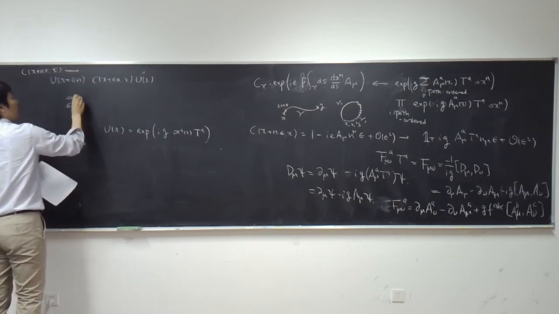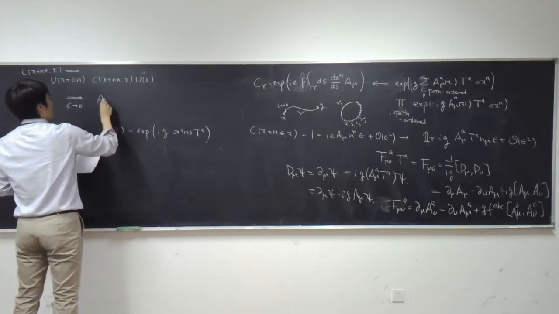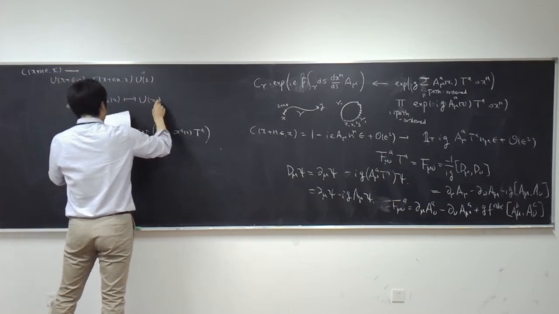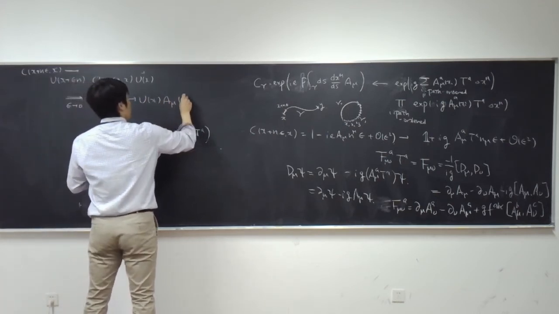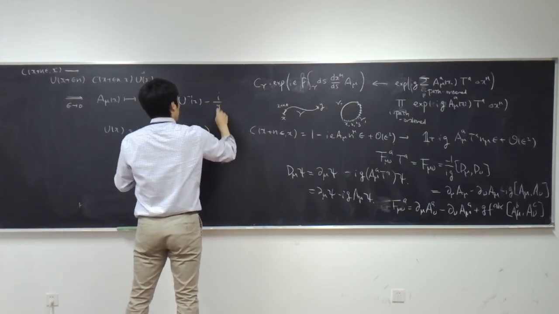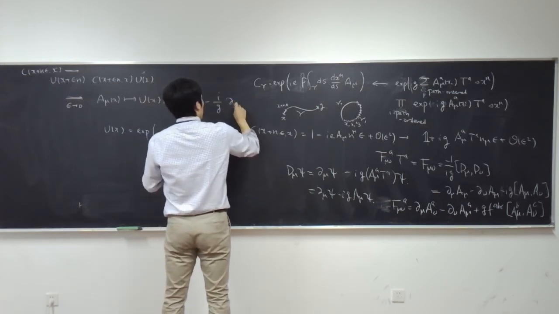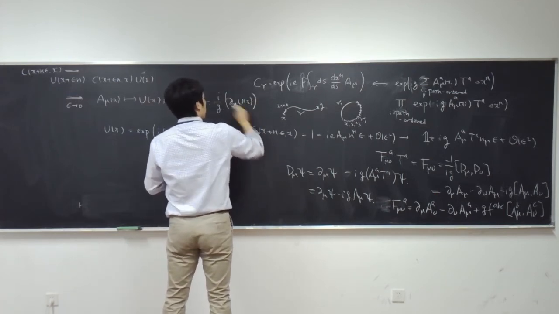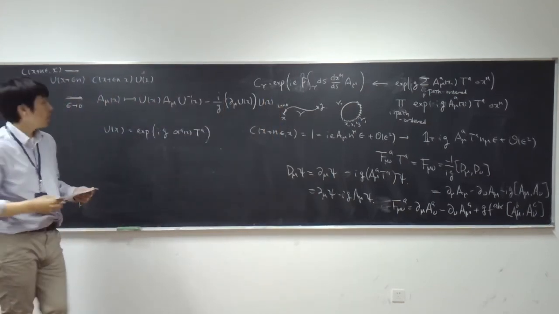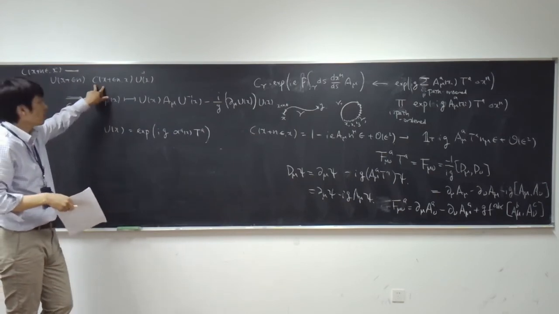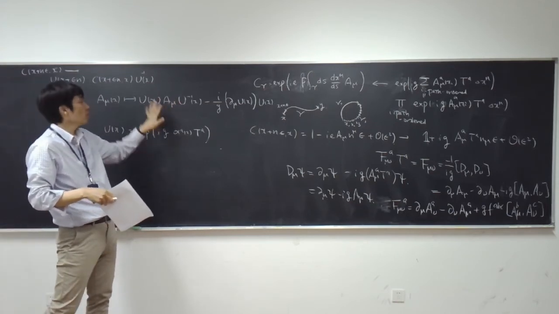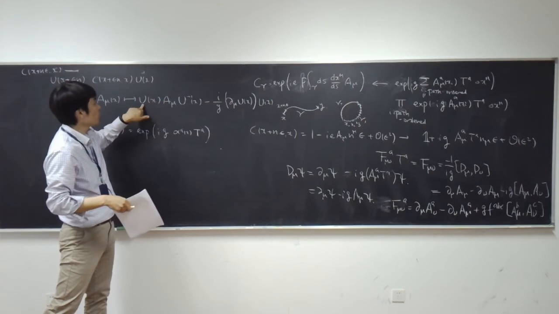When you take the epsilon goes to 0 limit, we observe that this one is mapped to U of x, A mu, U inverse of x, minus i over g, partial mu of U of x, U inverse of x. That's what we computed by taking epsilon goes to 0.